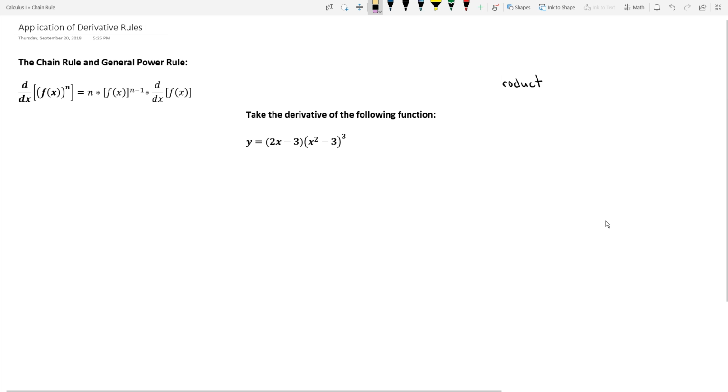So let's set this up using that product rule, and we'll say for the derivative of y with respect to x.